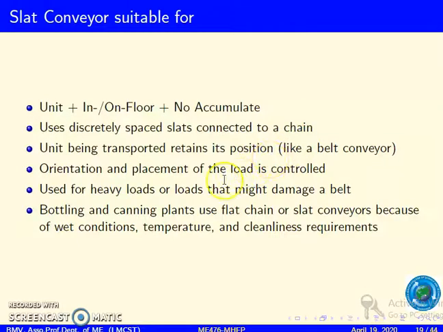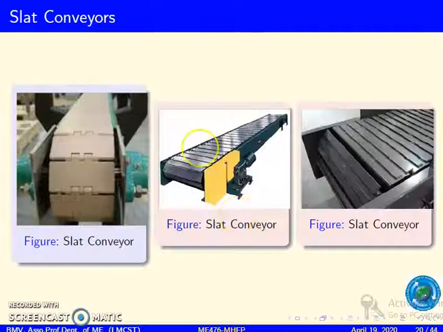And this does not accumulate the material handled. The unit which is transported retains its position. And these are used for heavy loads that can damage a belt conveyor system. And these are the different types of slat conveyors.